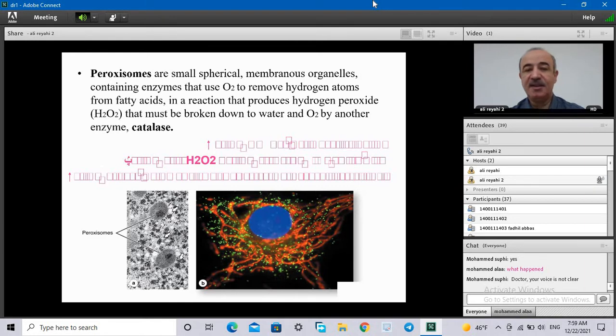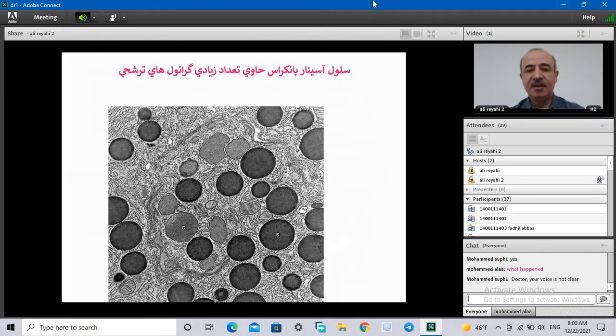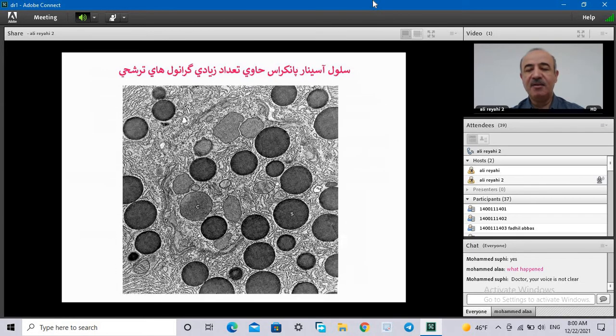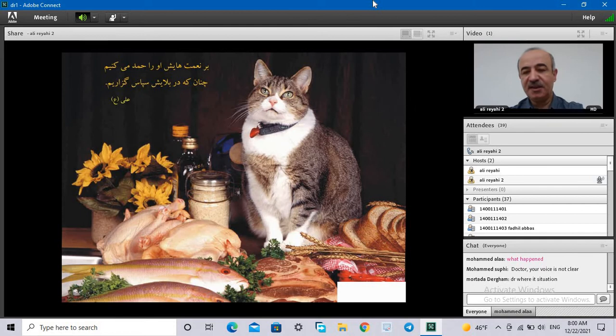Some cells, for example the hepatocyte, can hydrolyze alcohol, toxins. These cells can detoxify some toxins, some drugs, some alcohol. And in this picture you can see some secretory granules that accumulate in the apex of the secretory cells.